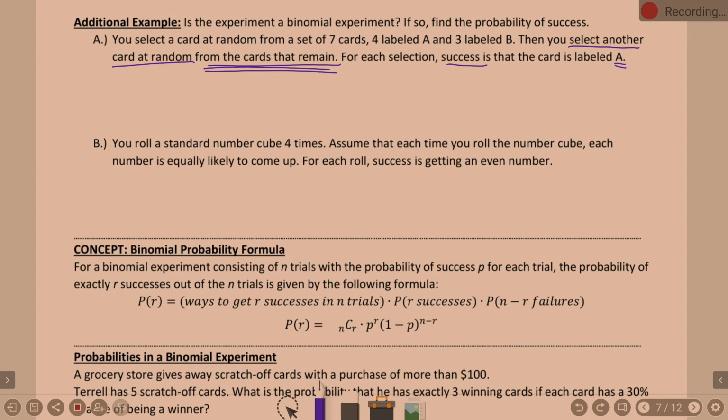What's that indicating? What I draw the first time, does that affect the probability of what I draw the second time? And it does, okay? So this one, I don't even really have to go any farther than that. I can see that they are not independent events. What card I draw the first time affects what cards are left and affects what cards I draw the second time. So this one is not a binomial experiment.